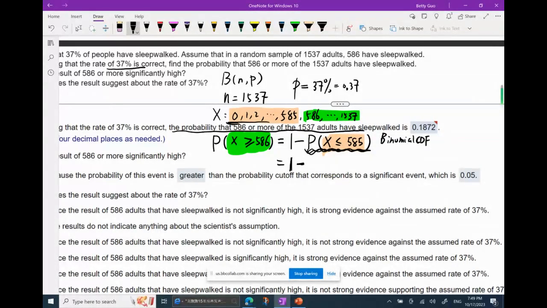X here is our maximum, the cap of X in this event, so it's 585. We type in 585, and the calculator understands you are looking for the probability of X no more than 585, and then paste.